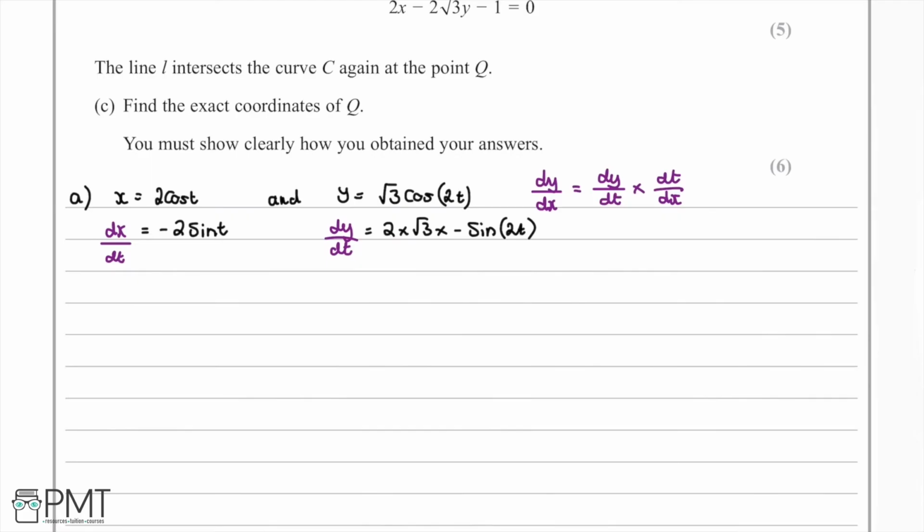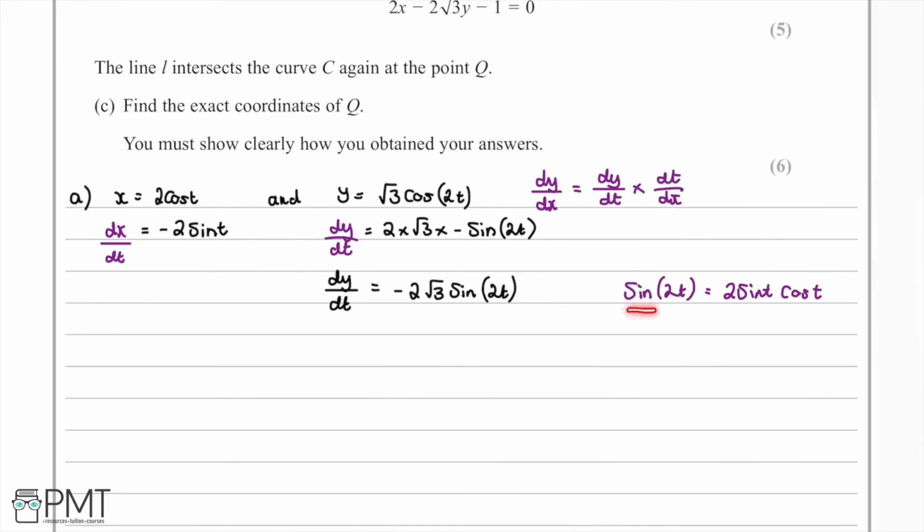Then we have the constant root 3 out in front, and then our cos 2t will differentiate to negative sine 2t, which gives us that dy by dt is going to be equal to negative 2 root 3 sine 2t. So then we recall the double angle formula. So we'll have that sine 2t is going to be equal to 2 sine t cos t.